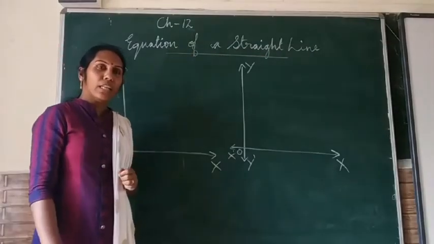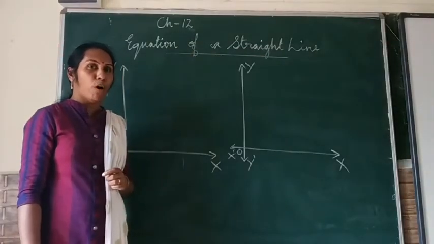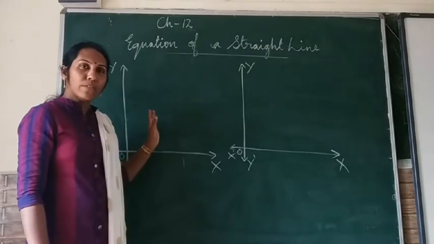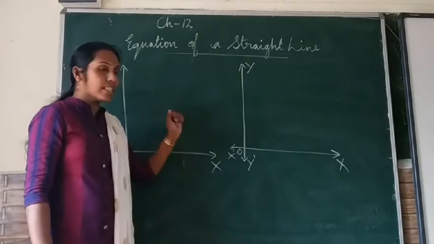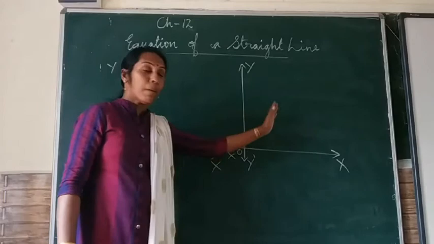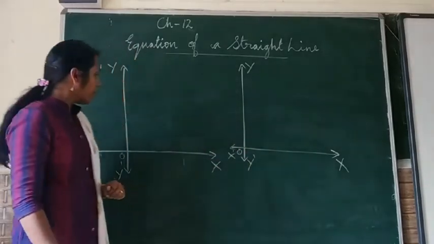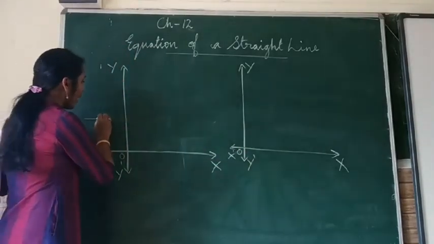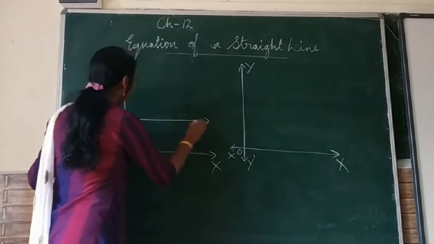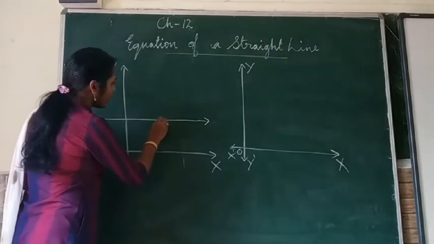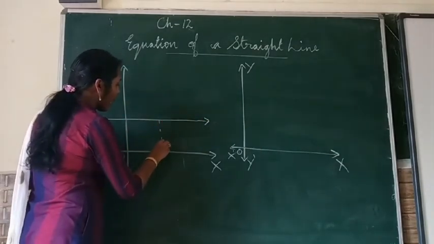Now let us understand the equation of a straight line in different forms. First of all, equation of straight lines parallel to x-axis and equation of straight lines parallel to y-axis. So let us consider a straight line parallel to x-axis at a distance A from the x-axis.